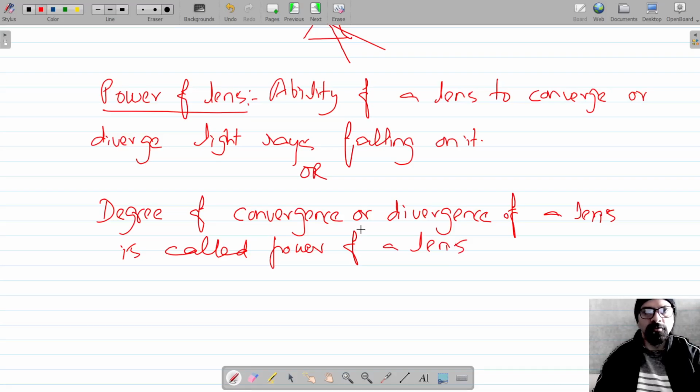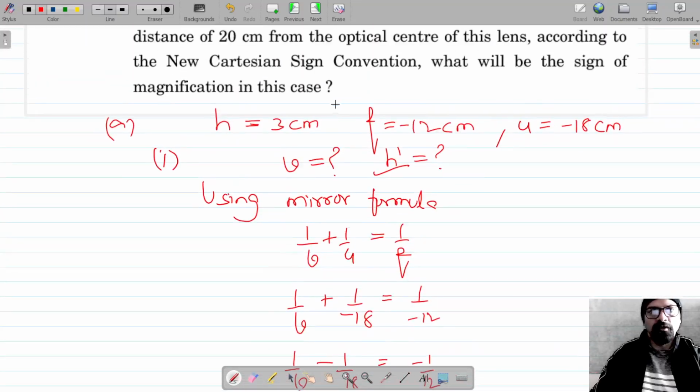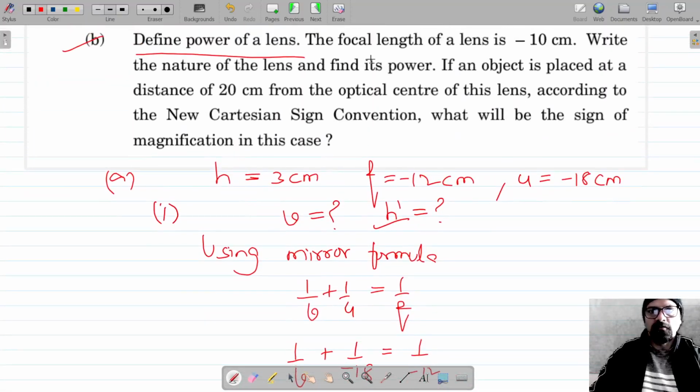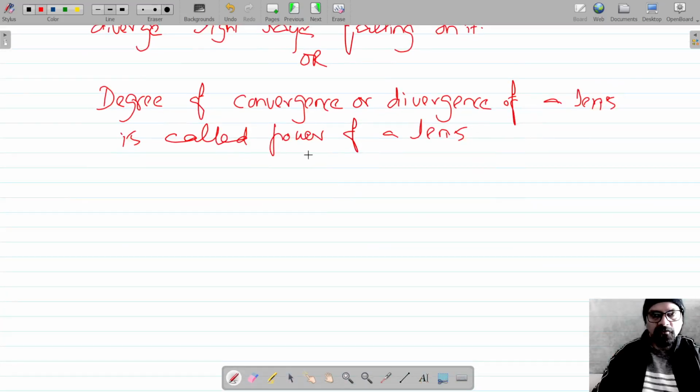Okay, now what is happening next? We are done with the power of the lens. The focal length of the lens is minus 10 centimeter, and we have to write the nature of the lens and find its power. Now the power of the lens is given by P is equal to 1 by F, where F is in meter.